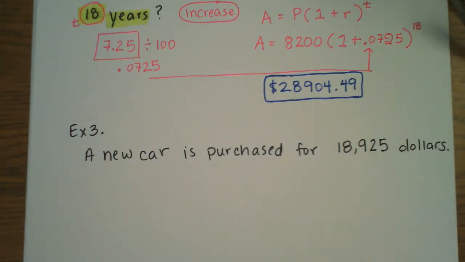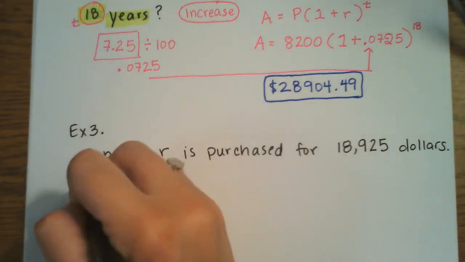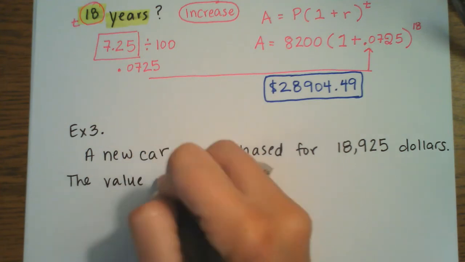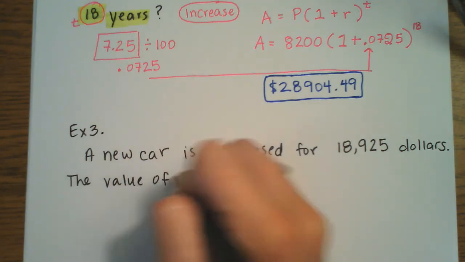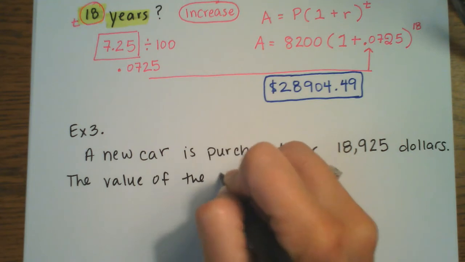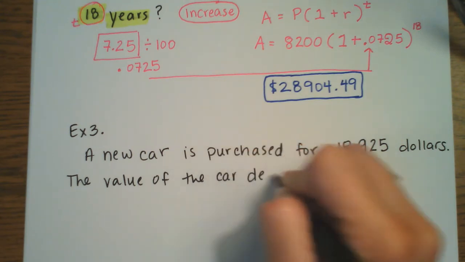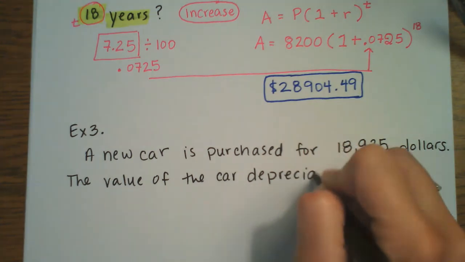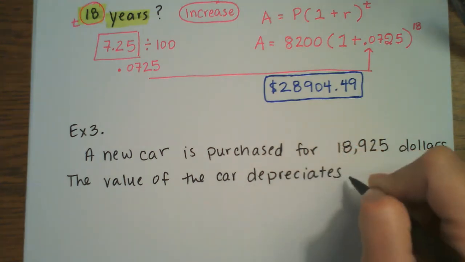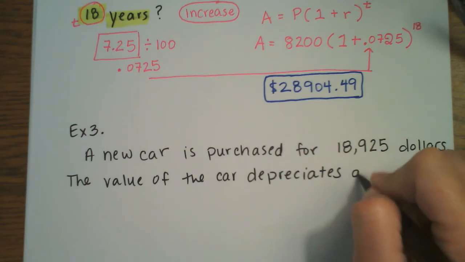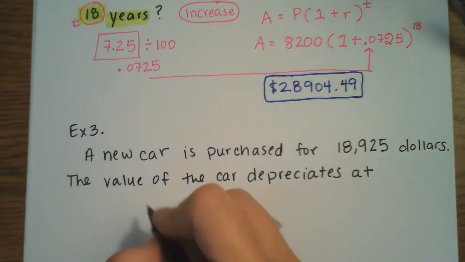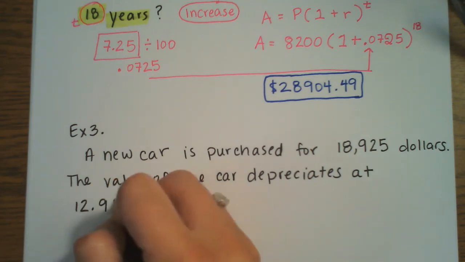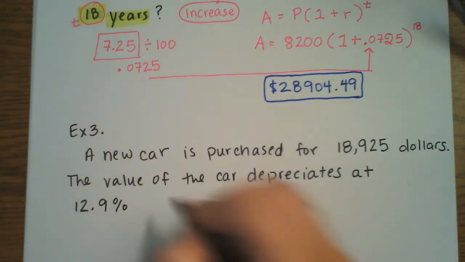That's like for a used car maybe. Okay. The value of the car depreciates, yeah, that's what they call it for cars. It's got like a special name. At 12.9% per year.